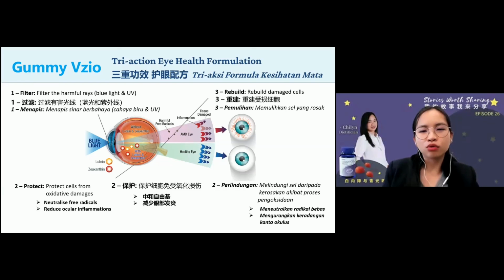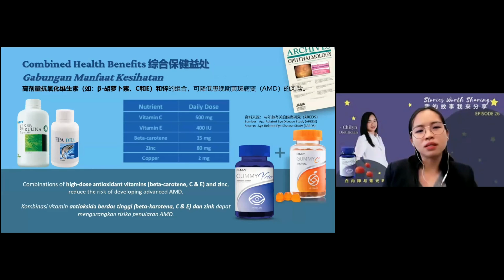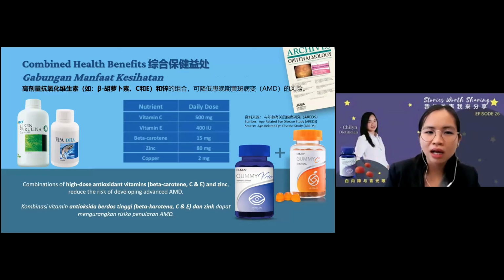And lastly, we only talked about this glaucoma and cataract issue. But in fact, there are many other structures of our eyes that we need to protect as well. Earlier, we also mentioned several nutrients. Besides replenishing gummy Visio, studies also found that vitamin A, carotene, vitamin C, vitamin E, magnesium, and even zinc, all these can prevent our eyes from getting chronic eye diseases.